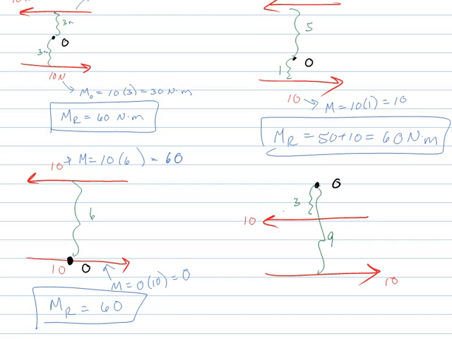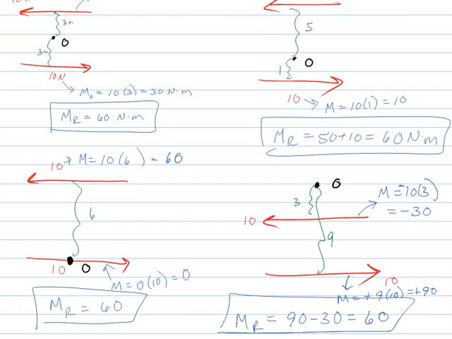Now the moment created by this force is 10 times 3, but it's clockwise, so it's in the negative direction. So that moment is actually negative 30. The moment caused by this force is counterclockwise, so it'll be positive, 9 times 10, which is positive 90. So now when I add these two moments together, I still get positive 60.